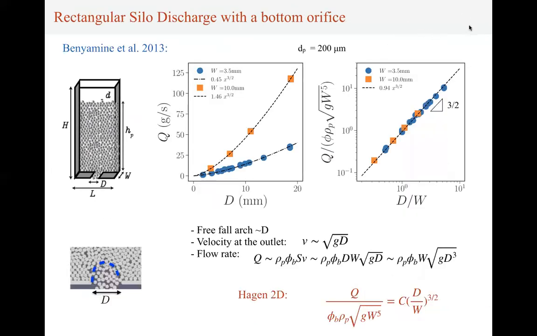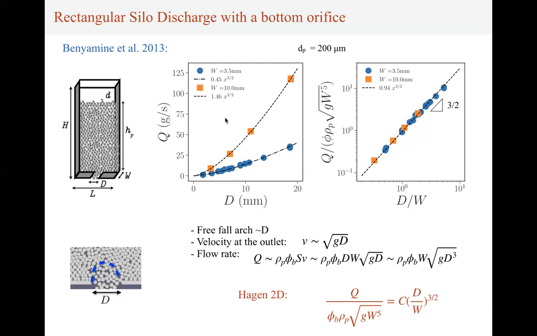First, let's begin with the simplest experiment, which is a rectangular silo with a bottom orifice. In this graph, I plot the flow rate versus the size of the orifice for two different thicknesses, a thin silo, 3 mm, and a larger silo, 10 mm. What we can see is that for both experiments, we recover a power law with exponent 3/2.